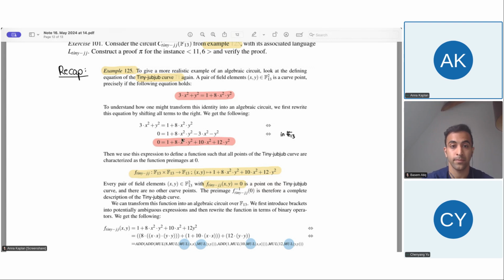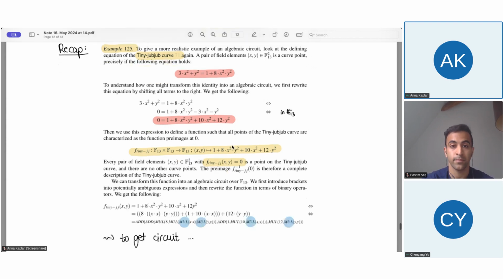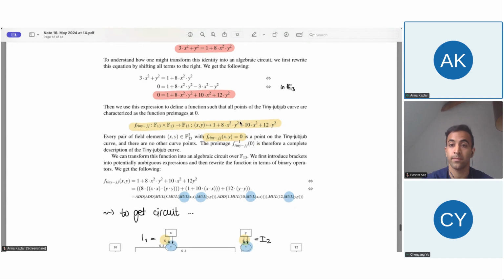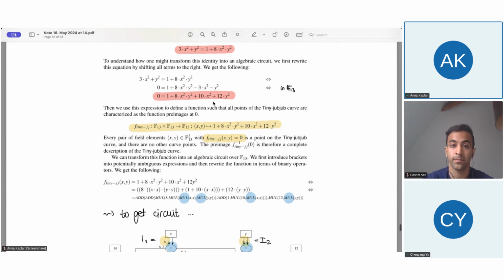We are reconstructing it a bit, shifting things so that we can write it as an algebraic circuit. We put things on the other side and get this expression on the right. This expression can be written as a circuit.